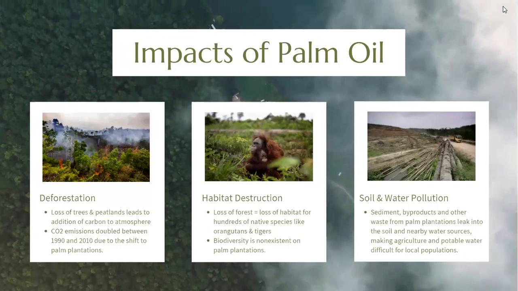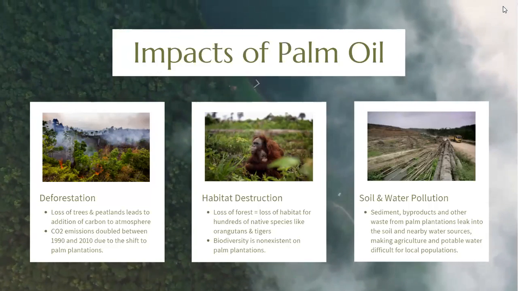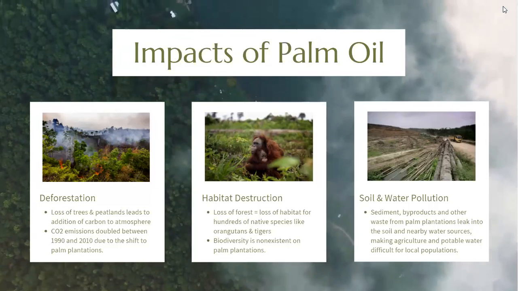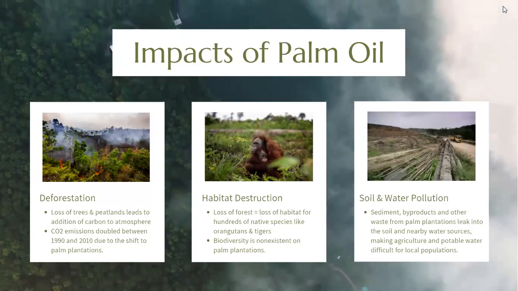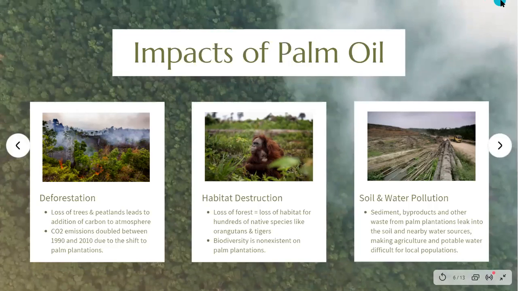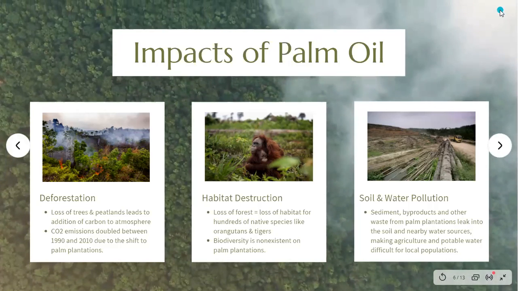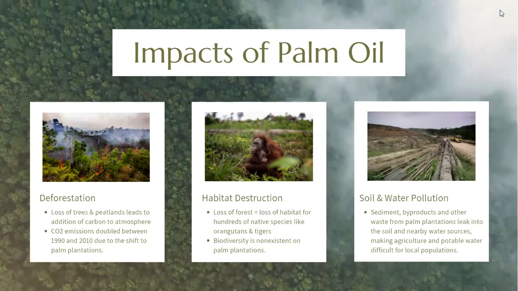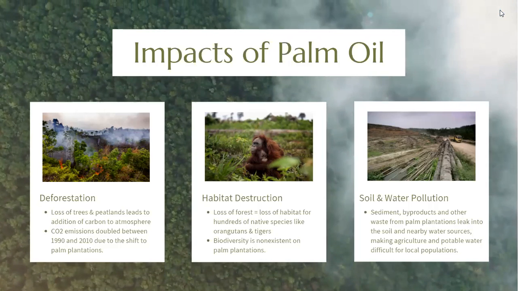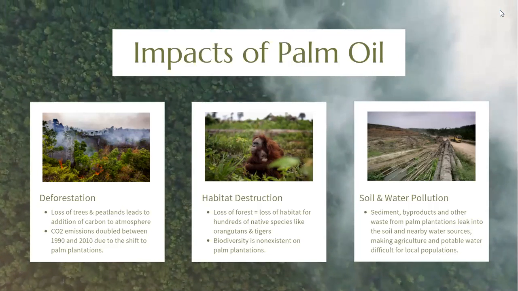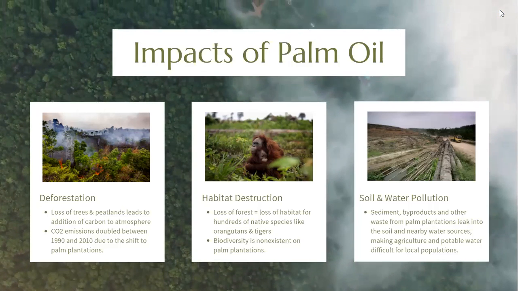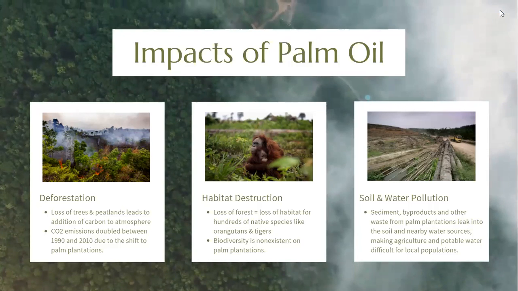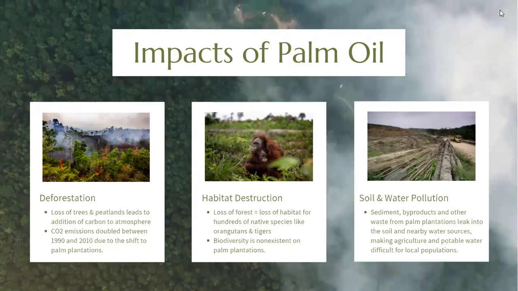Orangutans, tigers, rhinos, and elephants are all endangered due to palm oil and the destruction of where they live, and they have no more homes, which is really sad. Another thing is soil and water pollution. The pollution from the plantations leaks into nearby soil, leaching into the ground, and this impacts the water and can also impact the local communities.